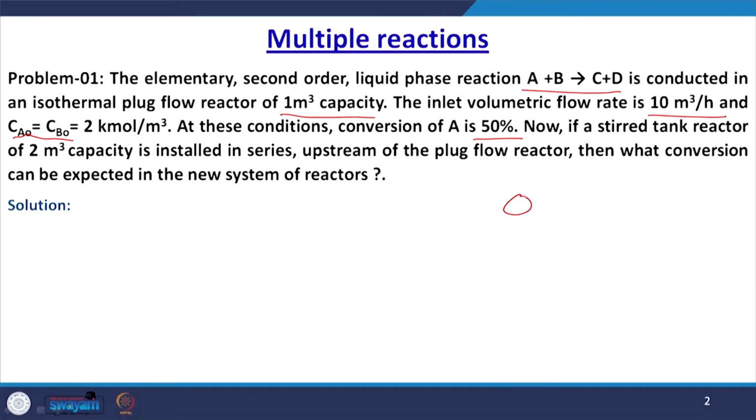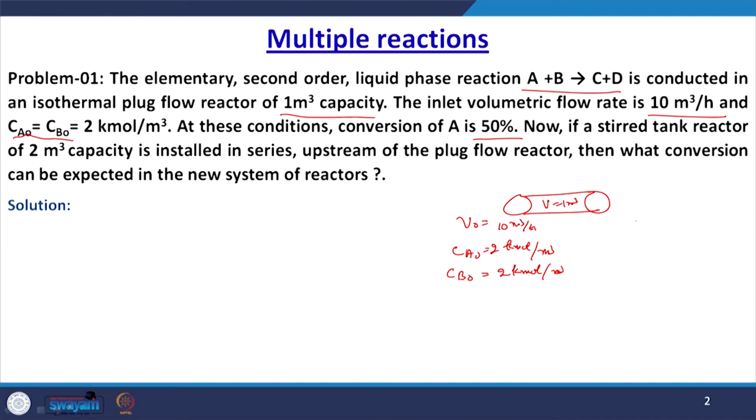It is given that this is the plug flow reactor. Here the volume is 1 meter cube, and V naught, that is the volumetric flow rate, is equal to 10 meter cube per hour. Ca naught is equal to 2 kilomole per meter cube. Then Cb naught is equal to 2 kilomole per meter cube, obviously because Ca naught is equal to Cb naught.